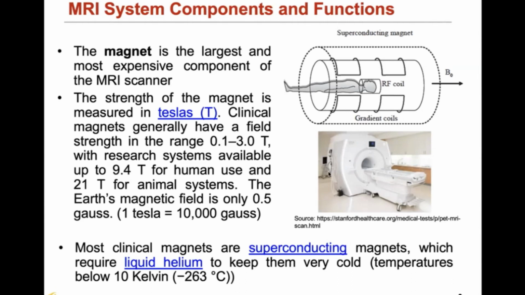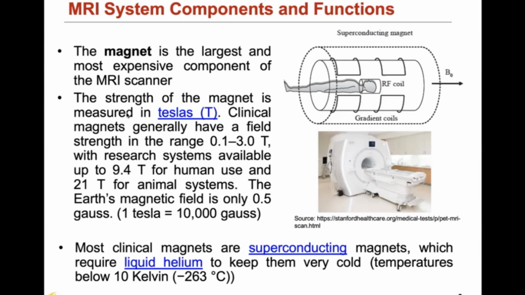Because of the size and weight of these MRI scanners, they are usually placed on the ground level of the hospital. If you ever go for a CT scan or MRI scan, they are usually located on the ground level.